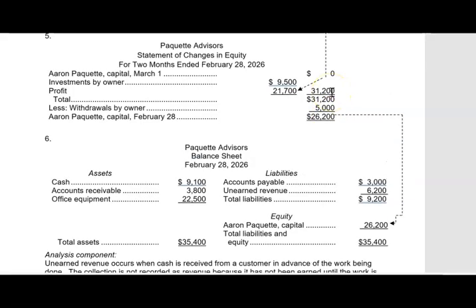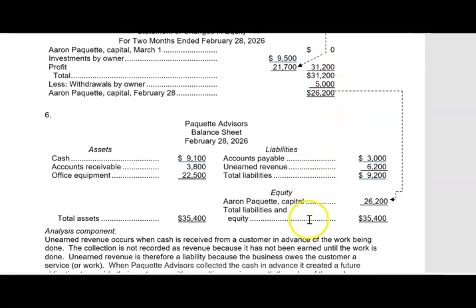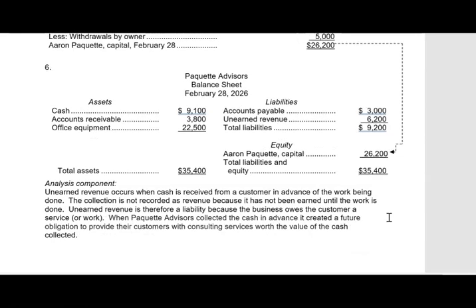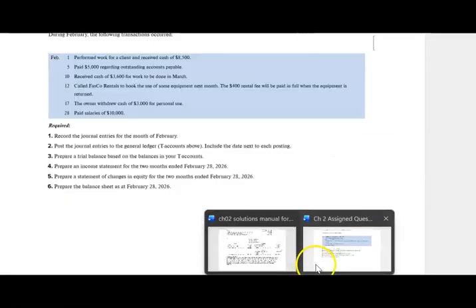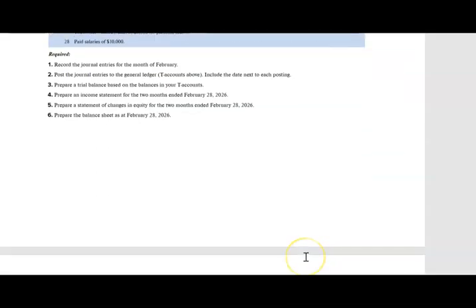That comes from our statement of changes. And then, as you know, we add total liabilities plus our equity to give us our total liabilities and equity balance of 35,400. Okay. Wonderful.